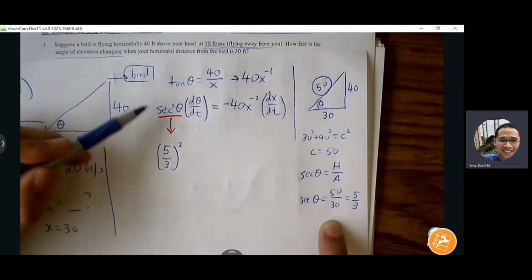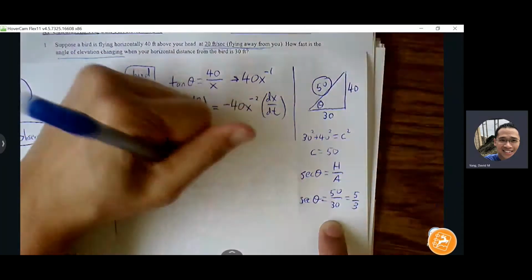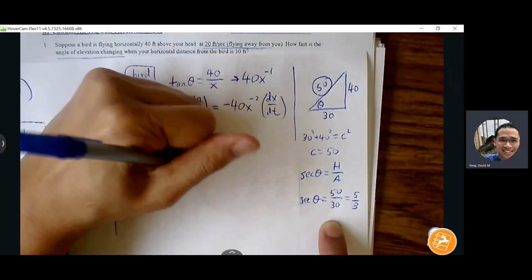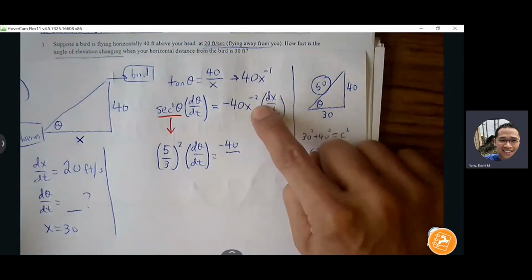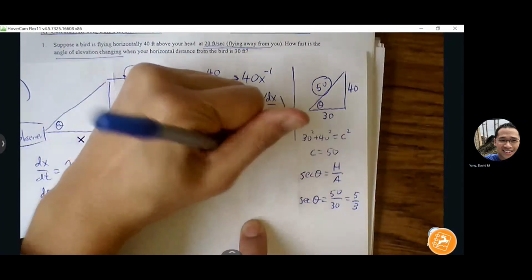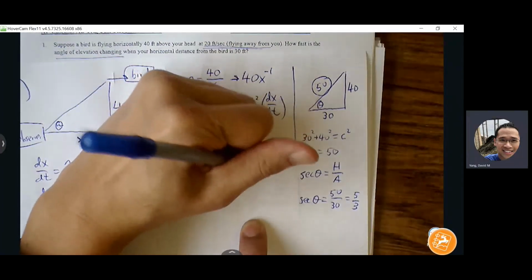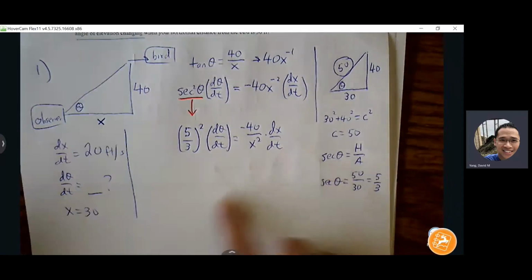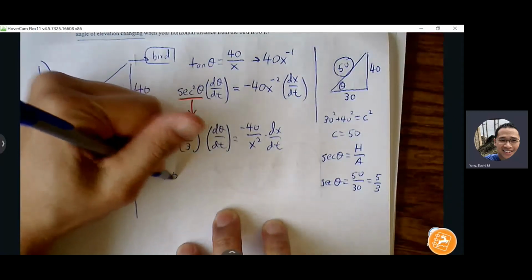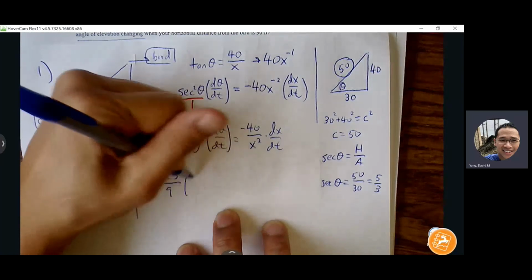We're going to square our ratio. D theta dt is going to stay negative 40 over x squared. And I'm going to replace x squared and dx dt with what we've gathered from the problem. Okay, clean up along the way here, 25 over 9.